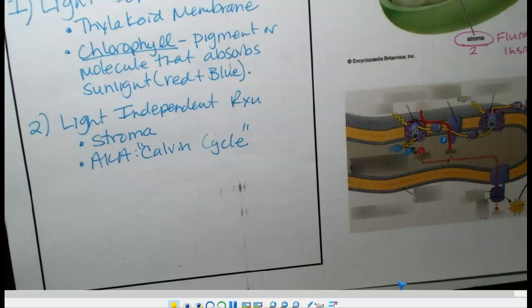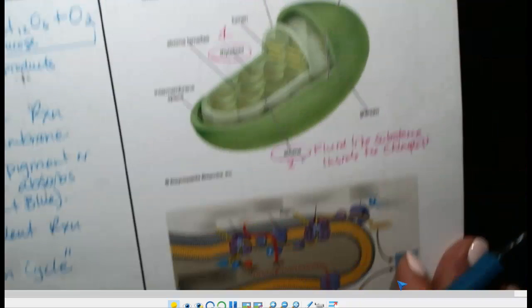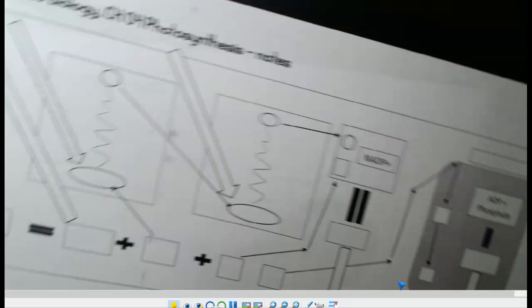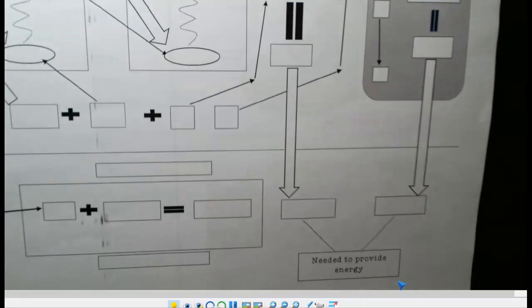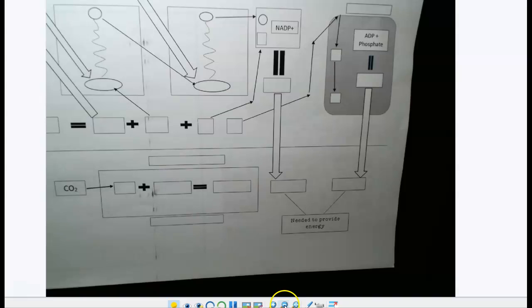Okay, so what we're going to do is I have diagrammed the stroma, and I've diagrammed the thylakoid membrane on the other side. So we're going to flip this over and I'm going to adjust this so you can see my whole diagram. Yeah, there's the back side.